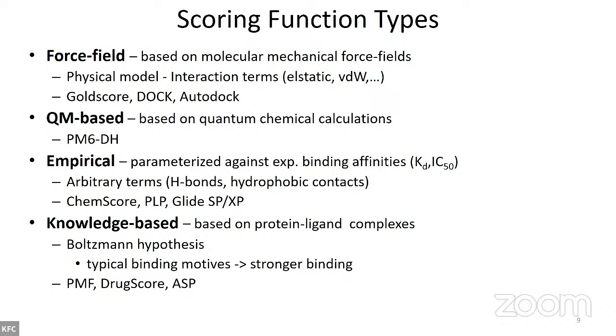Instead of using the experimental binding affinities, which also have some kind of experimental noise, I would say, you can use the protein-ligand complexes to tune the scoring so that it reproduces the protein-ligand complexes.